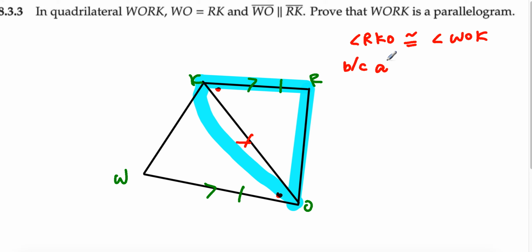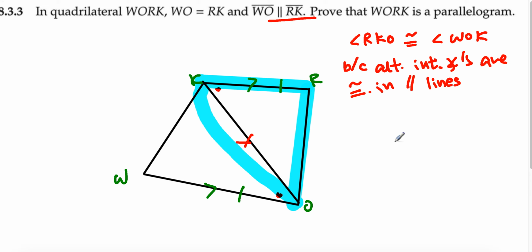because alternate interior angles are congruent in parallel lines, which was mentioned over here. And then KO is congruent to KO.